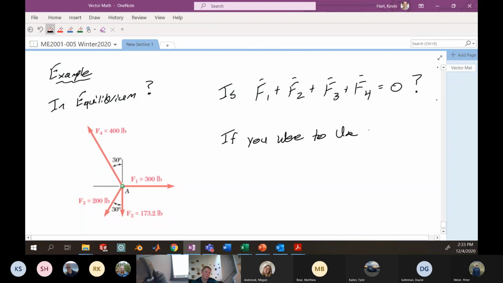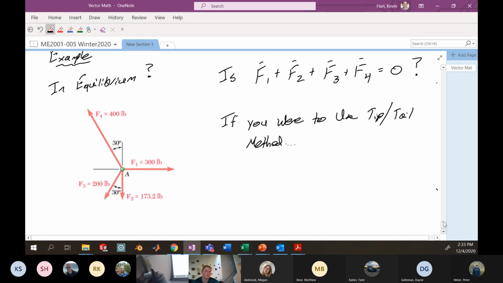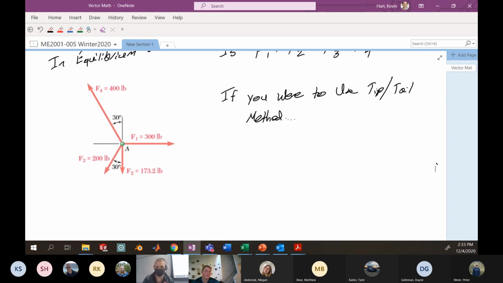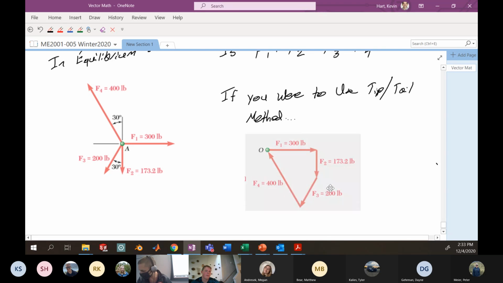But I'll show that if you were to use the tip to tail method, you would have the following figure result, if you added these guys in order.